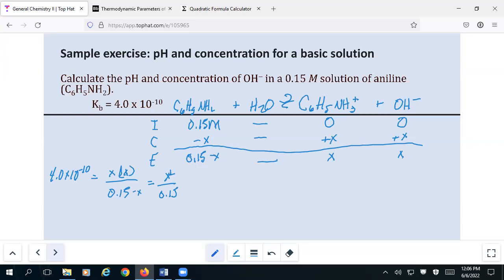4 times 10 to the negative 10th multiplied by 0.15 gives us 6.0 times 10 to the negative 11th is equal to x squared. Take the square root of that. You get 7.7 times 10 to the negative 6th molar is equal to x, which is equal to the hydroxide concentration.